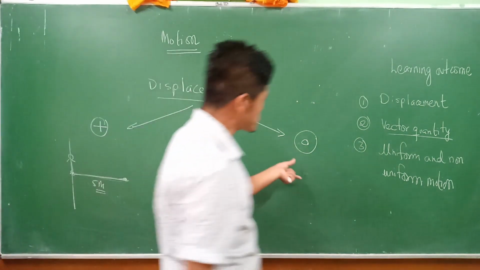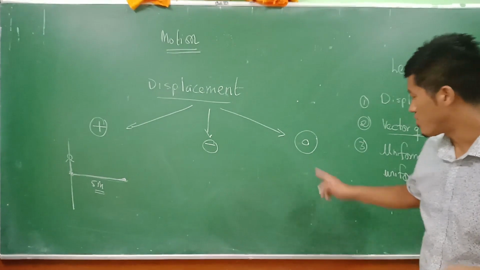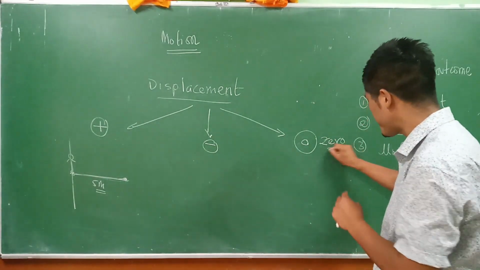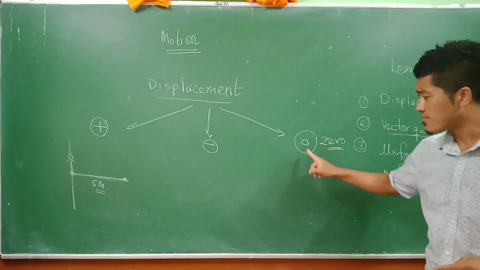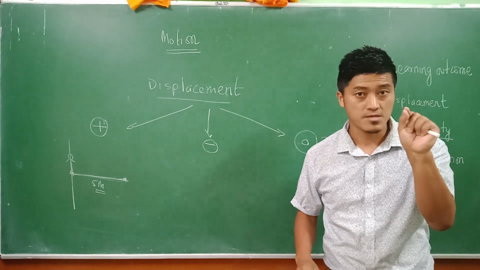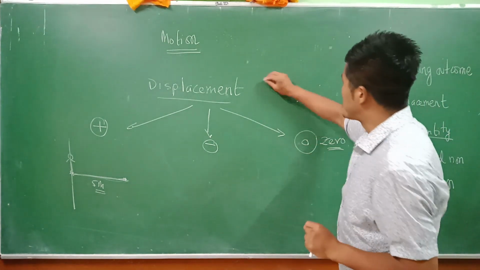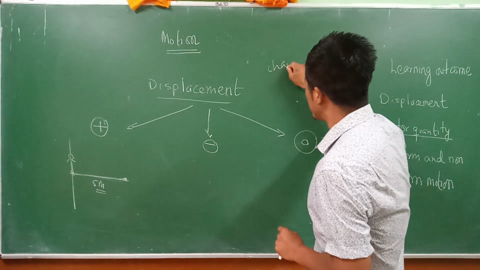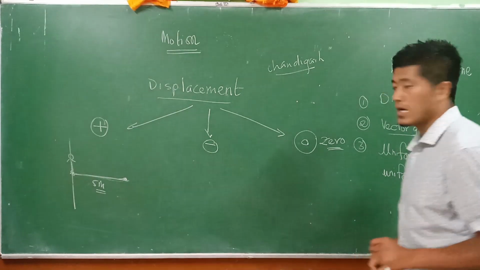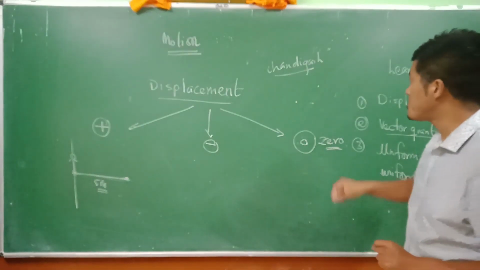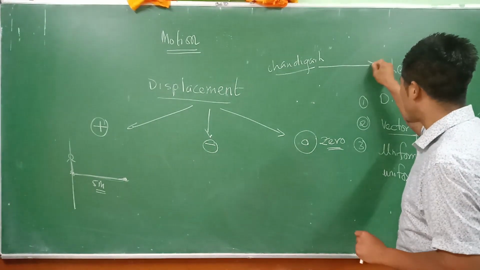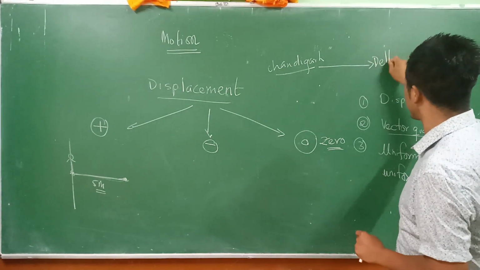Now, talking about zero displacement. Zero displacement occurs when the initial and the final position are at the same place. For example, a person is traveling from Chandigarh, the capital of Punjab, or you can say Haryana, to Delhi.